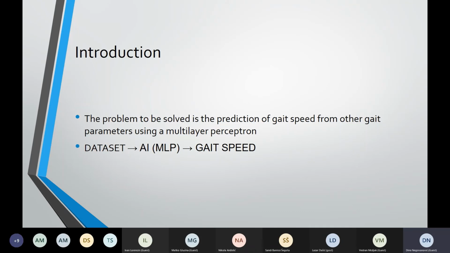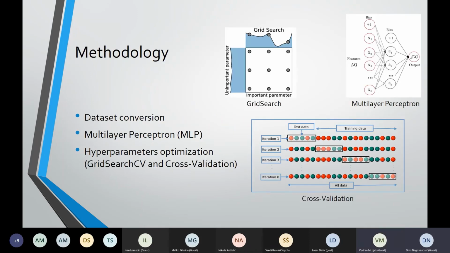As mentioned earlier, gait data contains the following parameters: basic parameters, temporal parameters, spatial parameters, and height parameters. After the analysis of the data, it was necessary to regress the first column of the dataset, which is speed, from all other parameters using a multi-layer perceptron in the Python programming language.